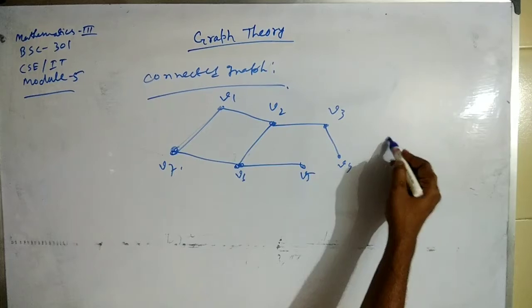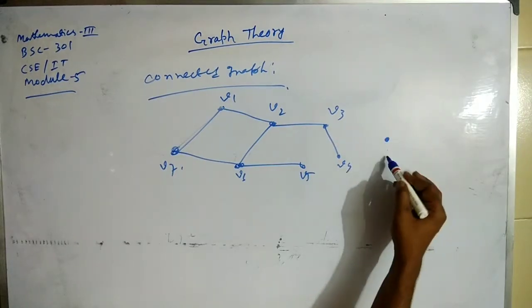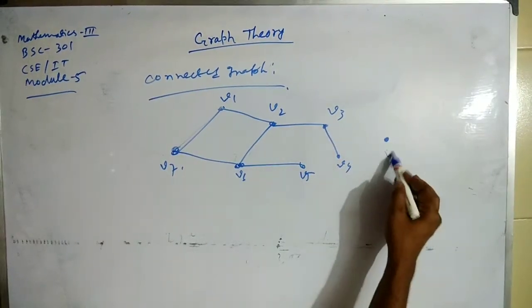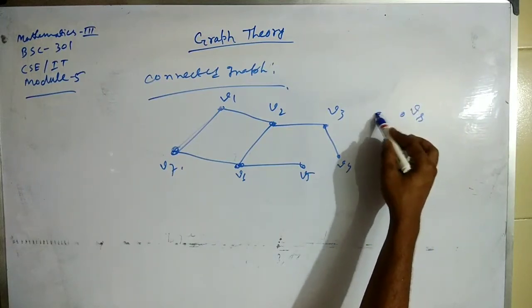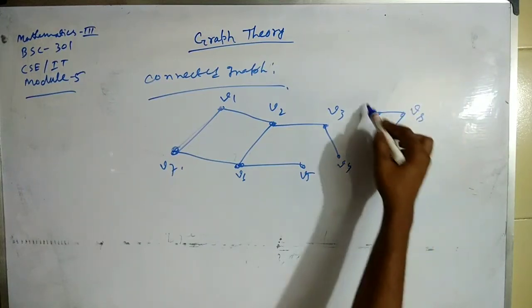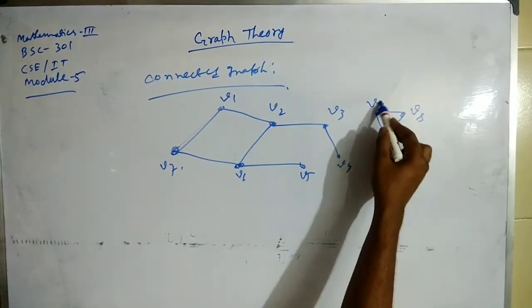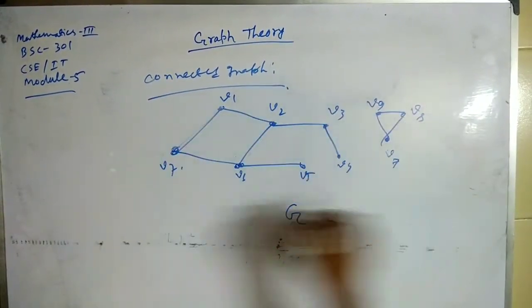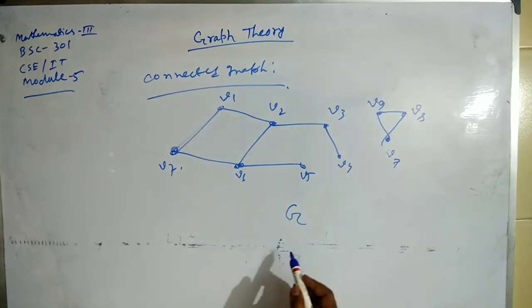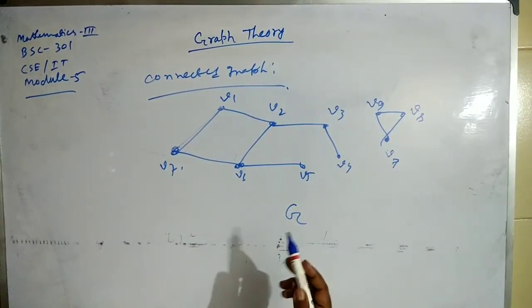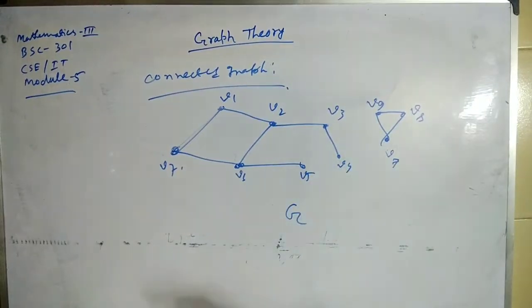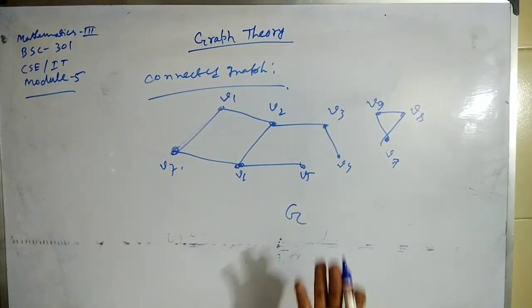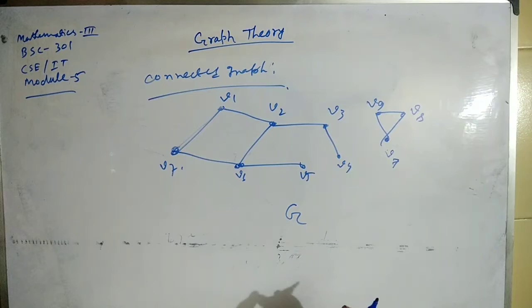If we draw another vertex like this, v9, this whole thing is a graph G, and now you see that from v1 to v9 there is no path, and from v4 to v8 there is no path. So this is clearly a disconnected graph, because every pair of vertices is not joined by a path.